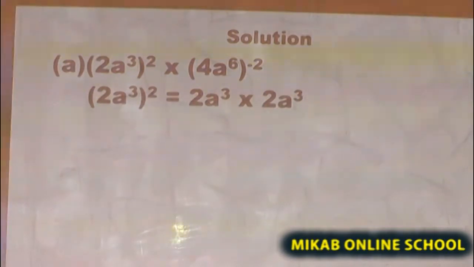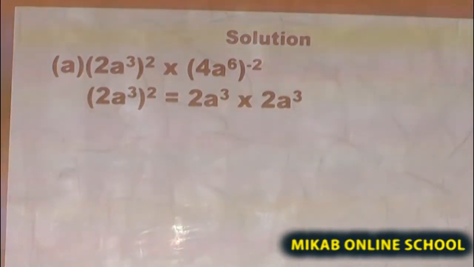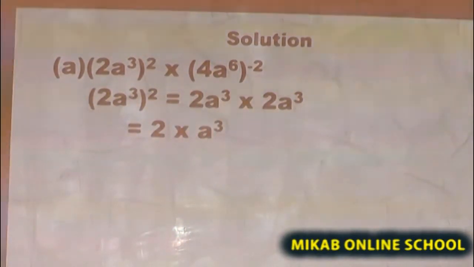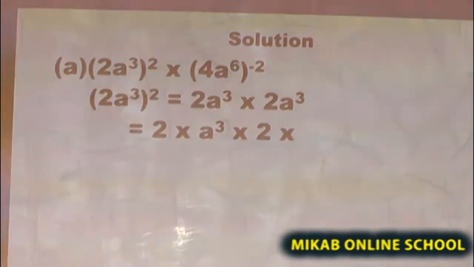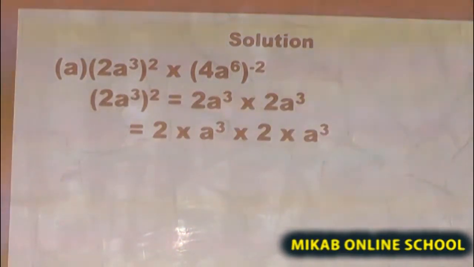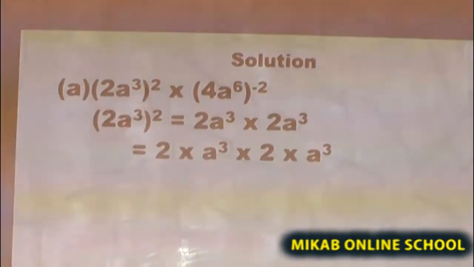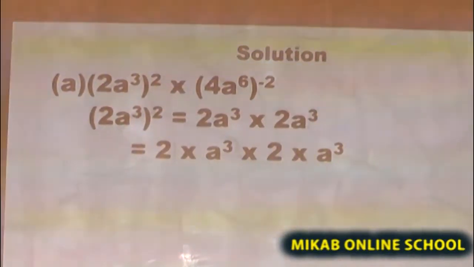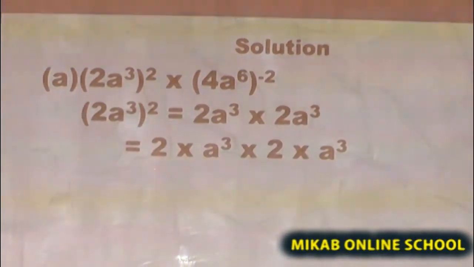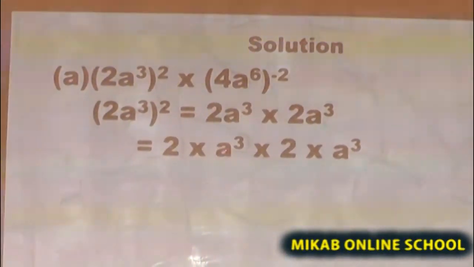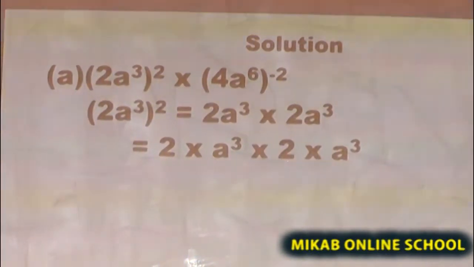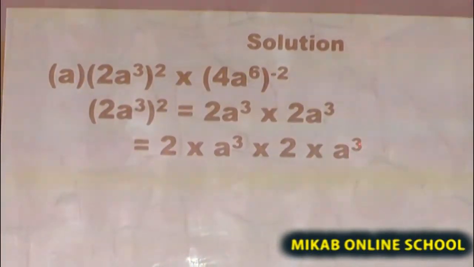So we are going to express 2a raised to the power of 3 as 2 times a raised to the power of 3. You are going to do the same thing to the other 2a raised to the power of 3. So the expression will now be 2 times a raised to the power of 3 times 2 times a raised to the power of 3.